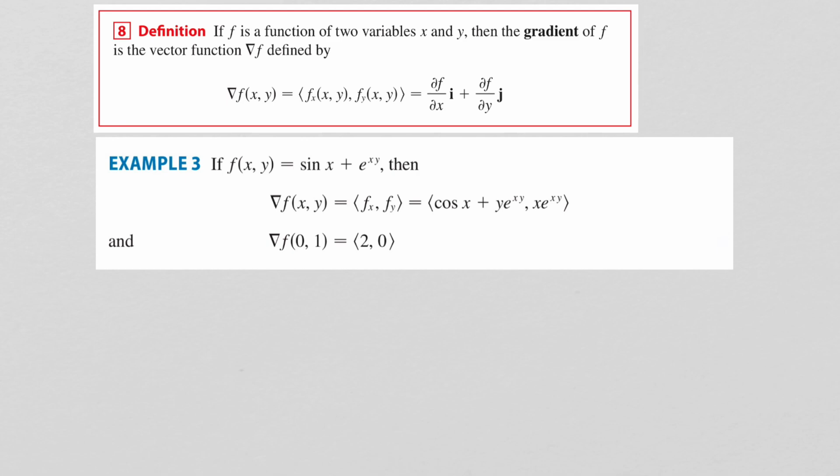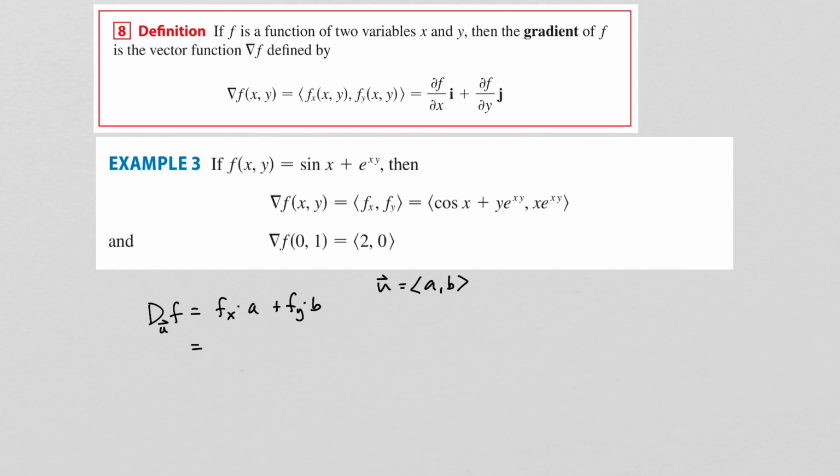So we know the directional derivative of a function f in the direction of u is equal to fx times a plus fy times b, where a and b are the coordinates of your unit vector u, and fx and fy are the partial derivatives.